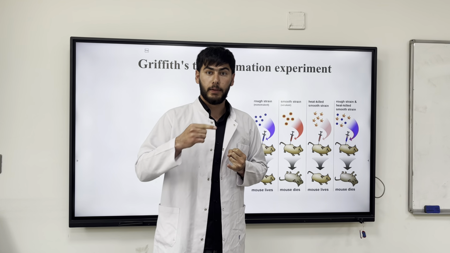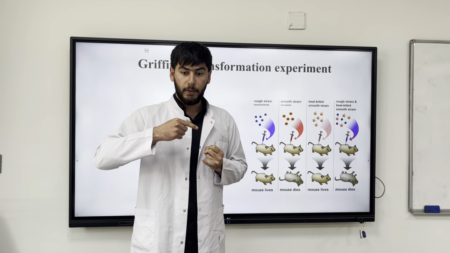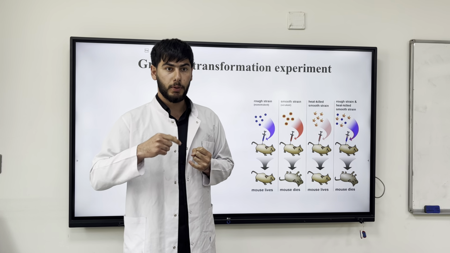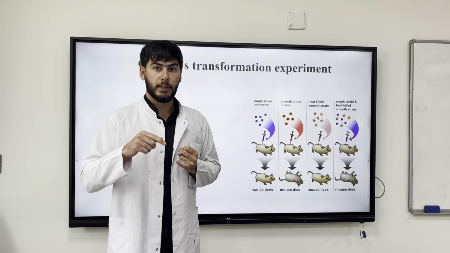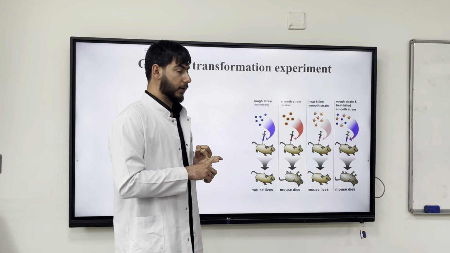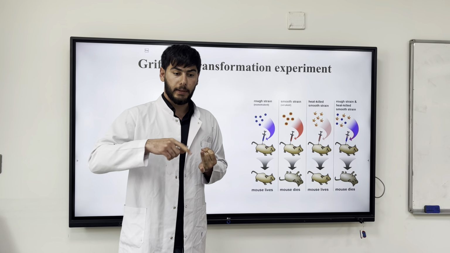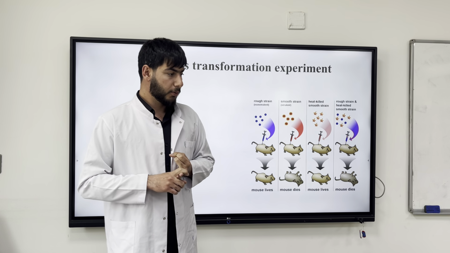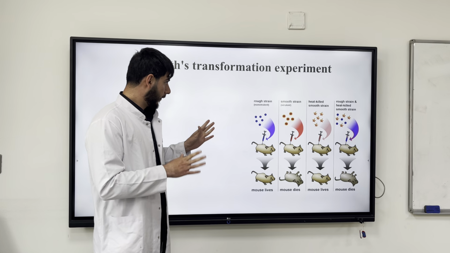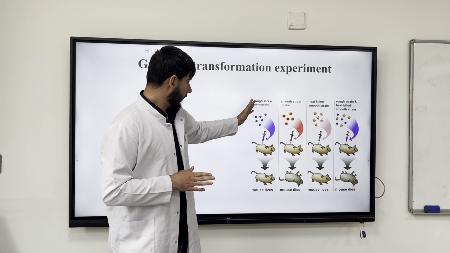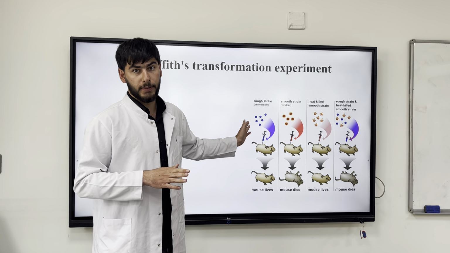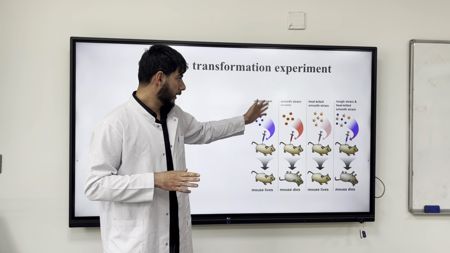Why do we call it smooth? Because around the bacteria we have a capsule. That capsule is virulent. The rough pneumonia is rough in the edge because it doesn't have a capsule. The rough strain is not virulent, and the S strain is virulent.